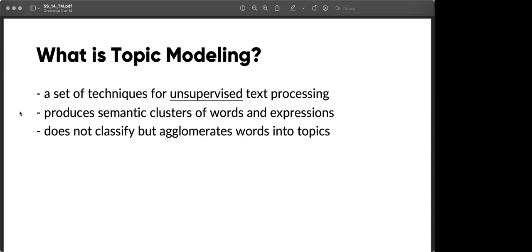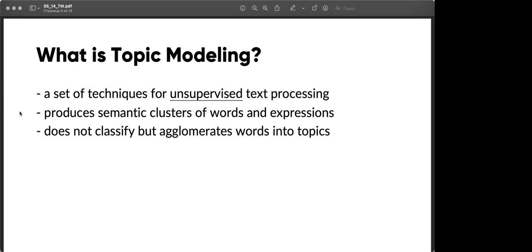And topic modeling, again, searches for latent representations and latent patterns in data, and does not try to approximate some correct, quote unquote, representation, but rather searches for hidden distributions of data. Each algorithm for topic modeling produces as the end result semantic clusters of words and expressions.